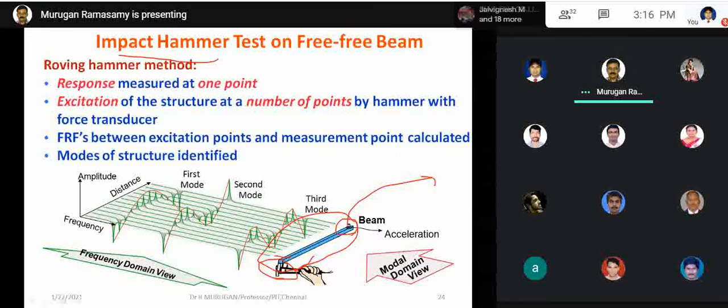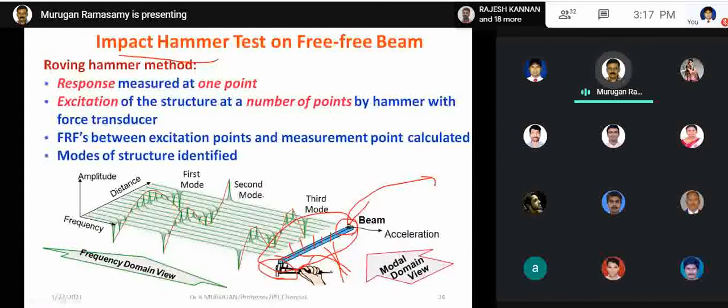The roving hammer method is very easy. We can fix the accelerometer at one end and give excitation at different points. Then these signals can be fed into the data analyzer to get the required mode shapes. These are the experimental modal analysis methods.